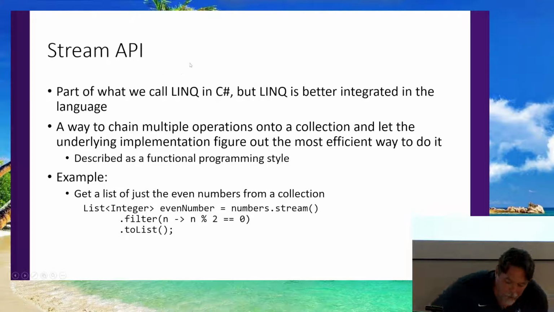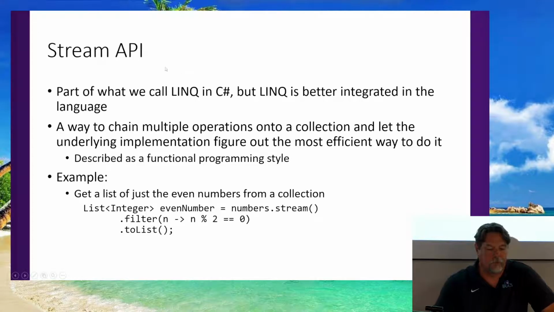Okay, the Stream API is another one of these little interesting things. I think of this as LINQ in C#, but LINQ is better. I think there are two possibilities. It was either invented by the .NET people and integrates better into LINQ in C#, and the Java people came along and said, well, we're not going to rip apart our language and shoehorn this thing in there just because C# does it.